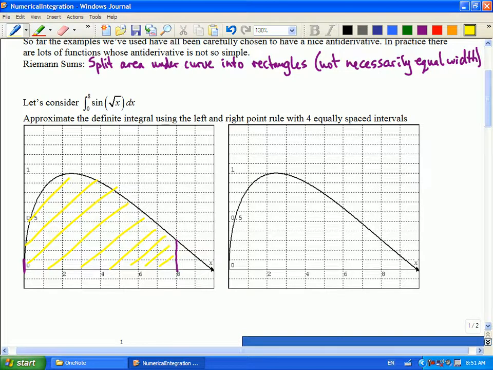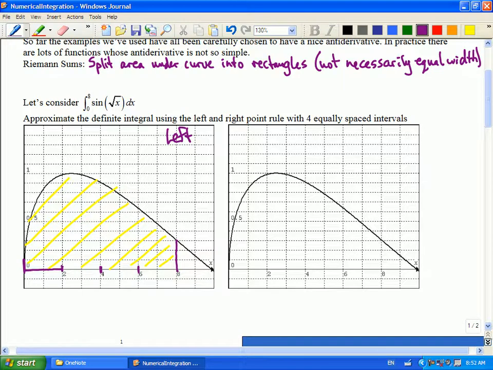So if there are 4 equally spaced intervals, how wide will each one be? Yeah. So we'll just make those marks right now. They'd be here. And I'm telling you, first we're going to do the left point rule. So the first rectangle, well, it doesn't look like much of a rectangle at all. This is what it would look like.